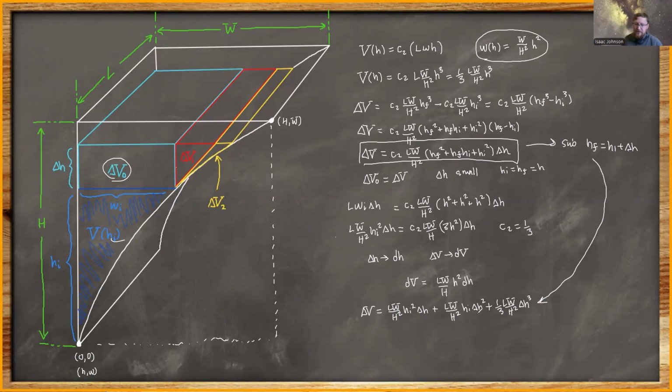Now, if you start at this point for the limiting argument, you could actually divide over the delta H at this point. And then you're left with length times width over height squared, H initial squared. This term no longer has a delta H with it. But these other two terms retain some delta H's.